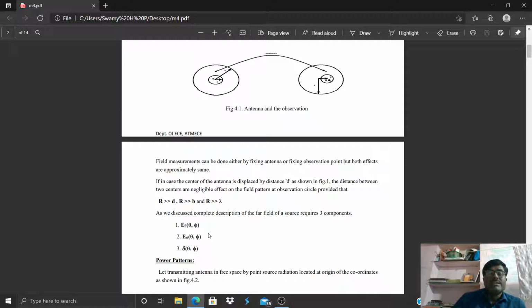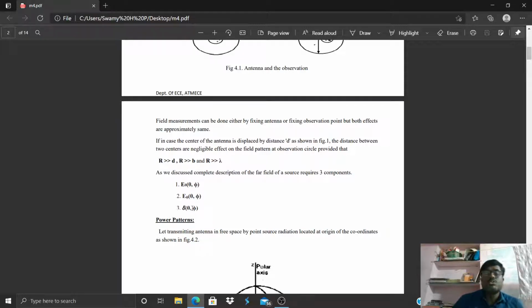One is E theta of theta comma phi, the theta component of the field as a function of theta and phi. Next is the phi component of the field, E phi of theta comma phi, also a function of theta and phi. And the phase between these two fields, delta of theta comma phi.